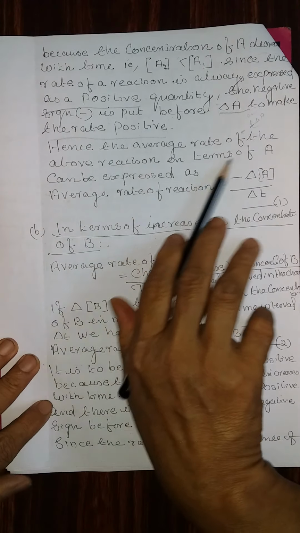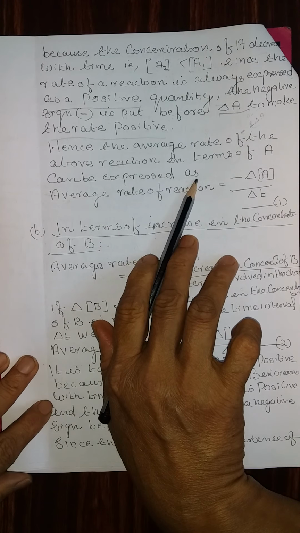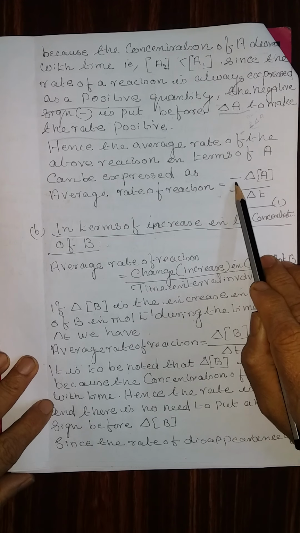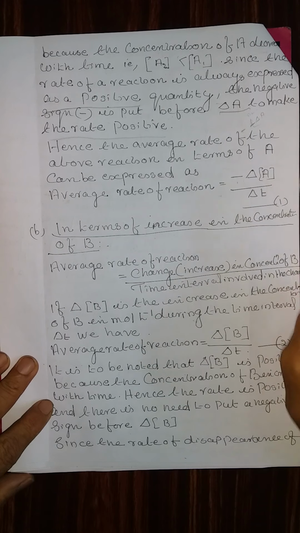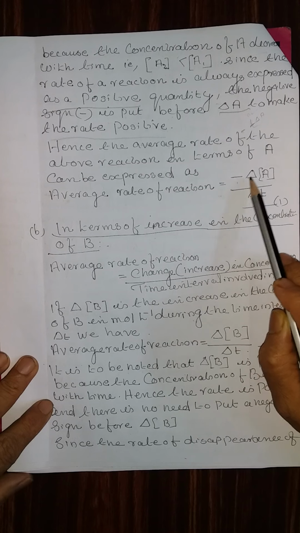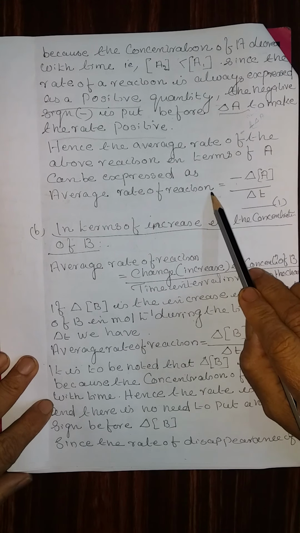Hence the average rate of reaction in terms of A can be expressed as: average rate of reaction is equal to minus, this minus is what we are putting. This factor is already negative, and this minus makes that negative positive. Therefore, you will get a positive answer.